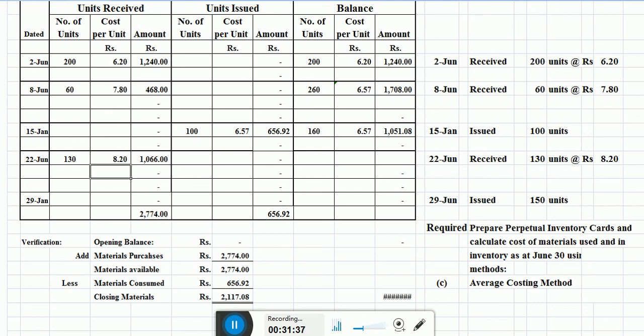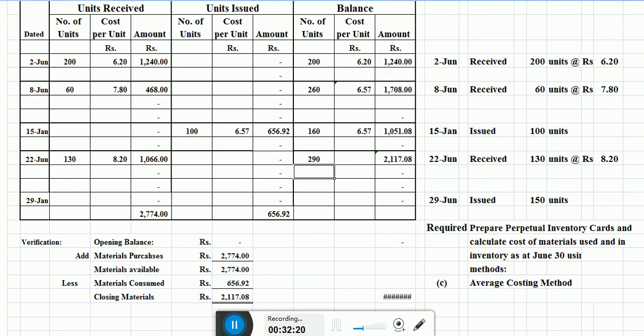Now we will use the previous method again, like we have to sum up the previous amount and the current amount here. Same as we have to add up the units, previous units and current units here. Students, now currently we have 290 units against the amount of 2,170 rupees, 17.8 paisa.